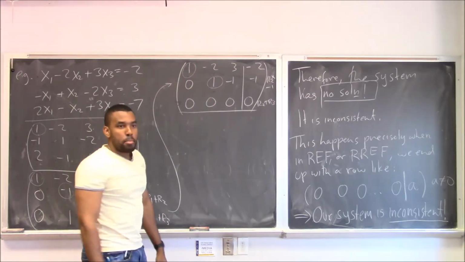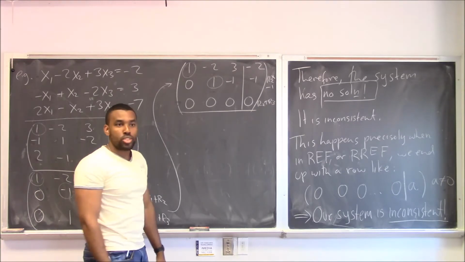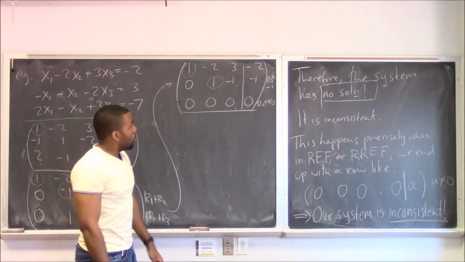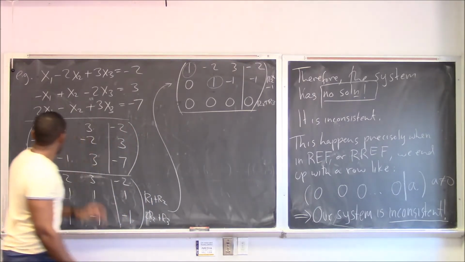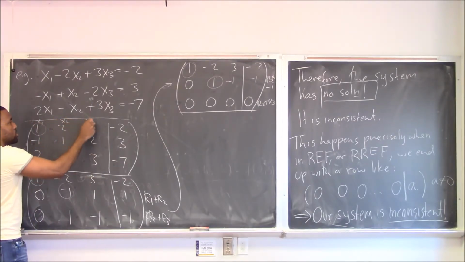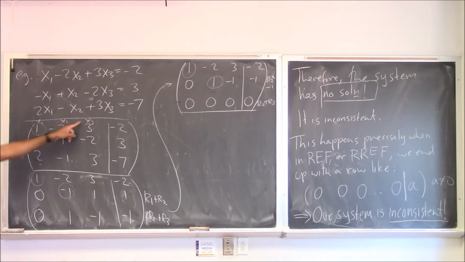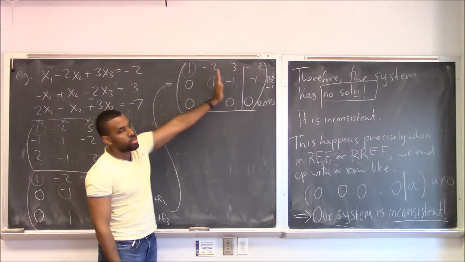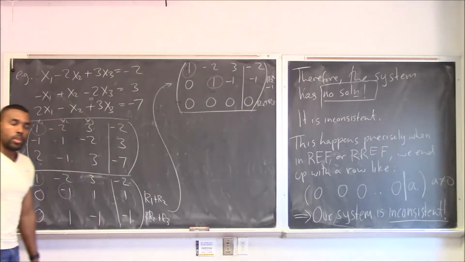The only guy that's not a master of his own equation is x3, you might notice. That also happens to be, if we look at these columns as the coefficients of the variables x1, x2, x3, the guy who we cannot solve for as the subject of the formula happens to also be the guy that does not have a pivot in his column, right?